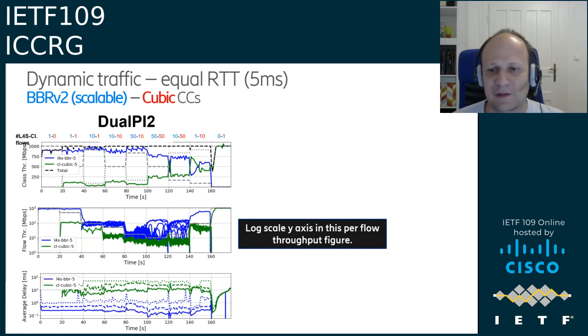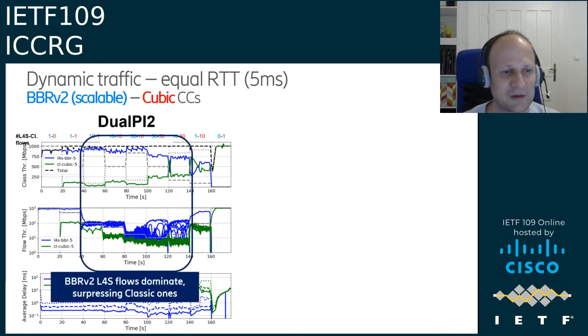And you can see that dual pi square can't control the BBRV2 scalable traffic class, leading to significant unfairness between the two traffic classes. In general, when the number of BBRV2 flows is large, the classic flows experience very small throughput. So please be aware that this is a logarithmic scale. You can see the total class throughput at the top.